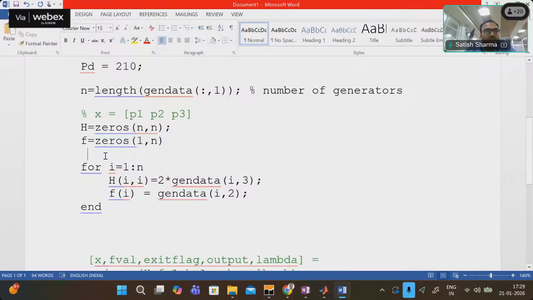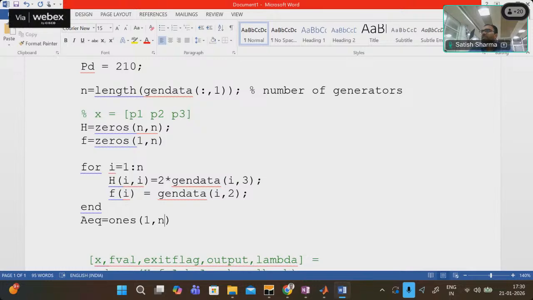I will place a row vector of all ones. Correct? So AEQ equals ones, and the size is 1 comma number of generators.